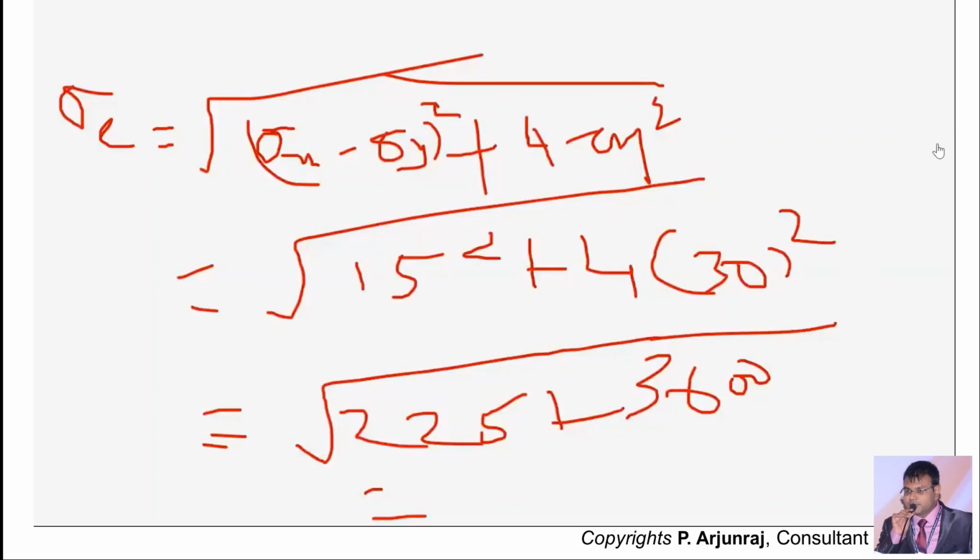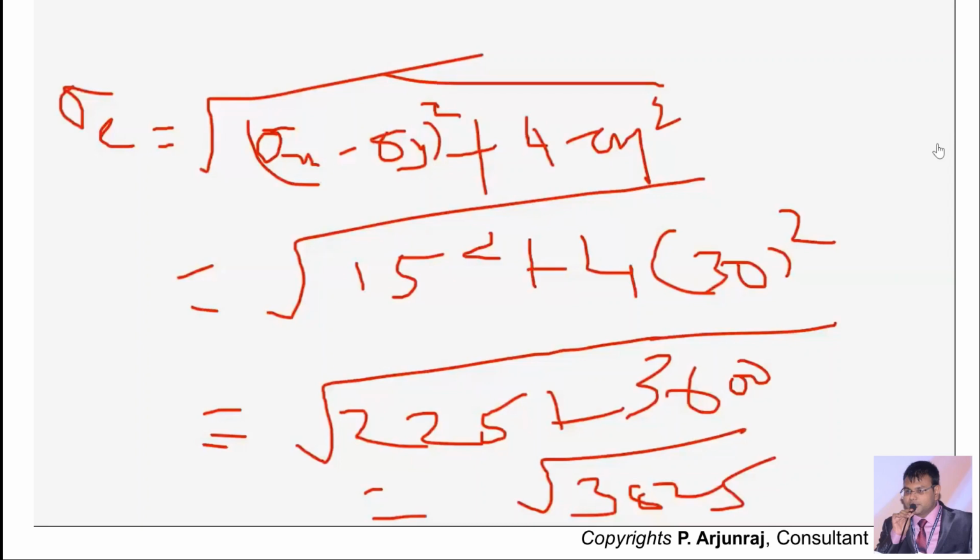So it is going to be root of 3825, and the square root of 3825 is 61.84. So 61.84 is the equivalent stress using the maximum shear stress theory, or Guest's theory.